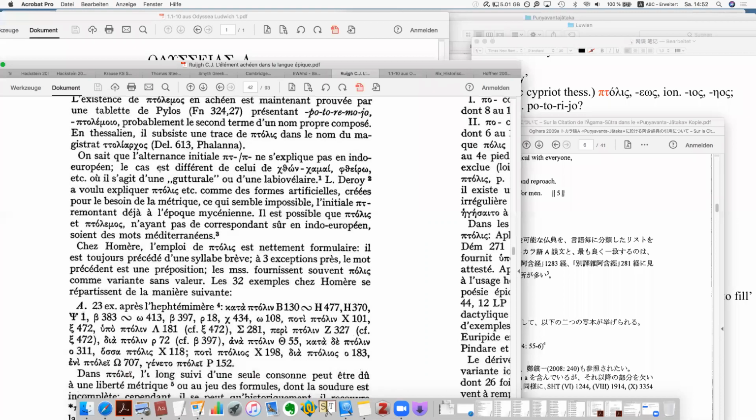I won't spend time reading French. I just explain it a little bit. So we know that the alternation of the initial sound pt and p cannot be explained inside Indo-European linguistics.